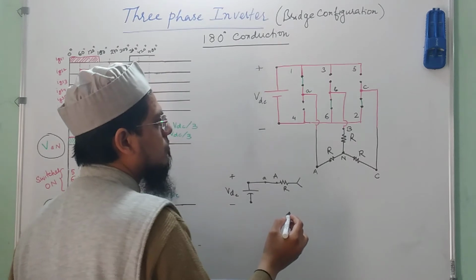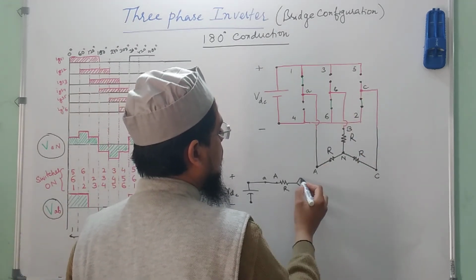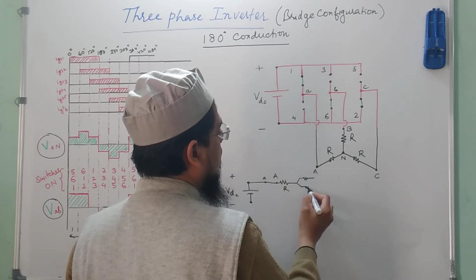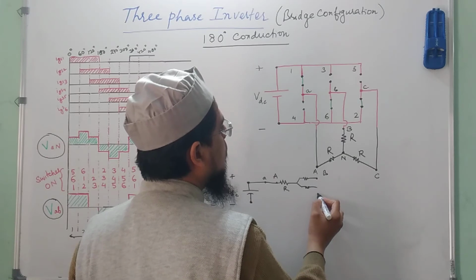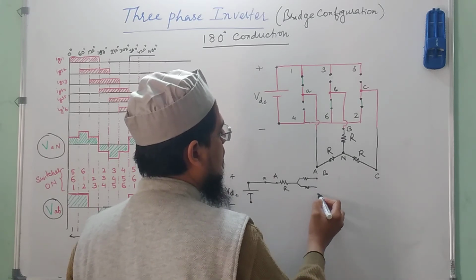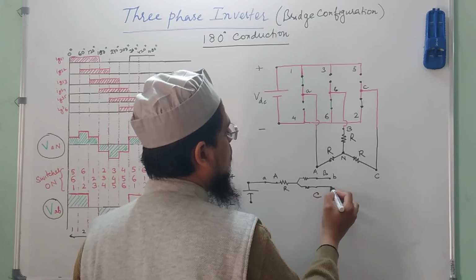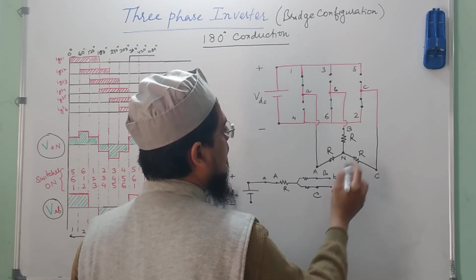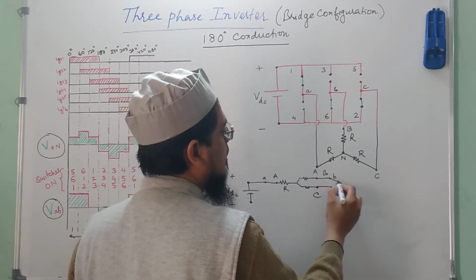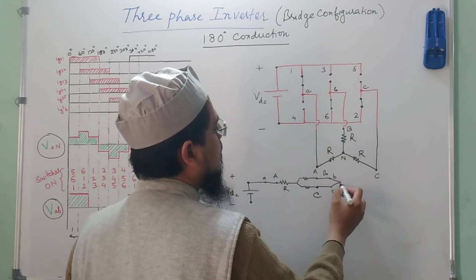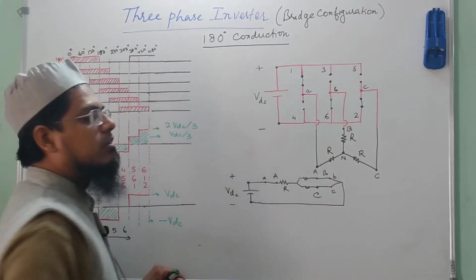Okay. And just see this, there are two parts. One is your B, the other one is your C, capital C, and then to small b, and then to small c, and finally you could see that both of them are combining and coming to the point minus of VDC.